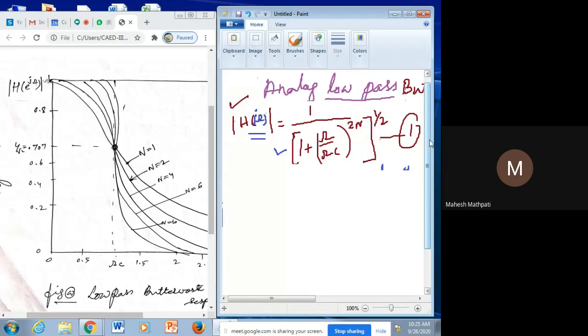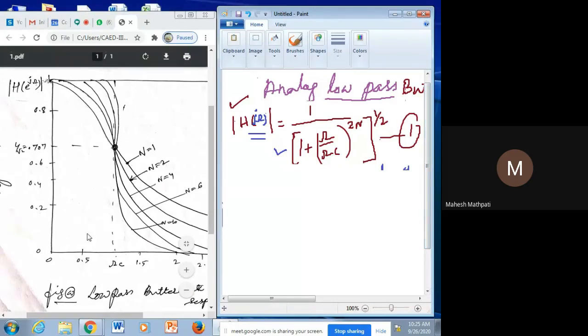What does this mean? Is more close to the ideal characteristic. Full stop. Theoretically we can say that in infinite order.